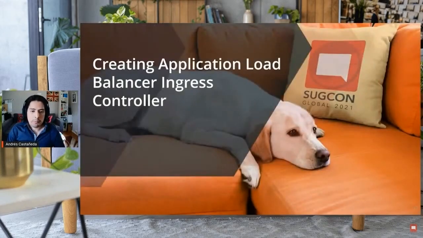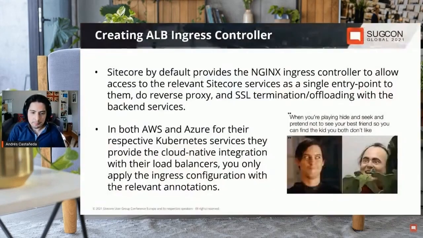So we get to the point where we have our Elastic Kubernetes Service ready to receive our deployment. Now we're going to create the application load balancer ingress controller. Sitecore by default provides the nginx ingress controller to allow us access to the relevant Sitecore services as a single entry point to them.